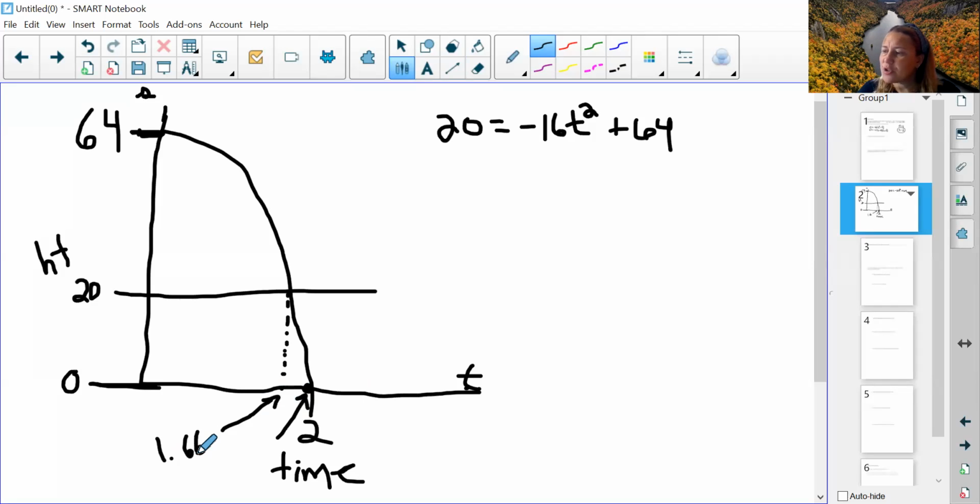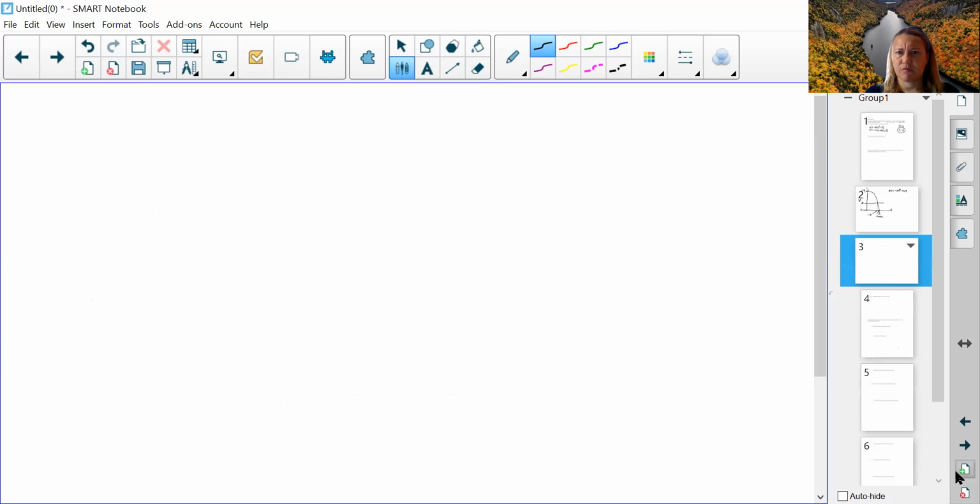Okay, so the next question asks me to find the average velocity of an object during its first second in motion. We have a graph which is looking at time traveled and comparing that to height. If I asked you just for a common sense definition of velocity, don't try to get too scientific or mathematical.